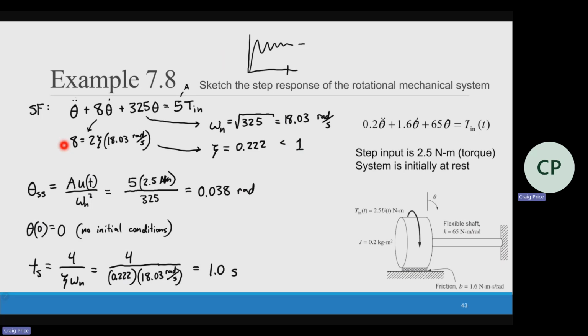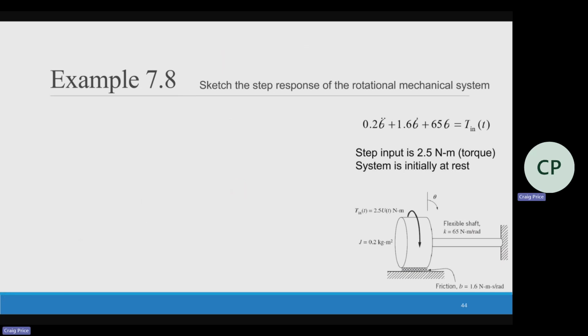Okay. So again, natural frequency is equal to 18.03. Damping ratio is equal to 0.222. And now I can go down the equation sheet.